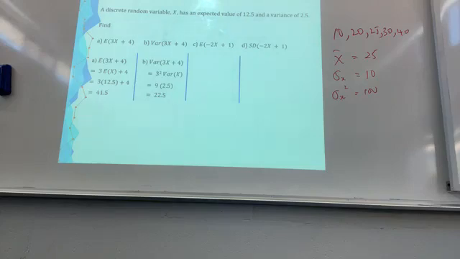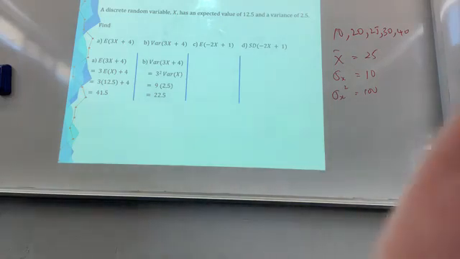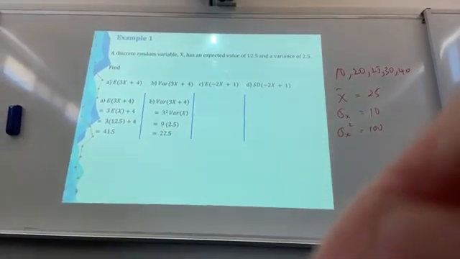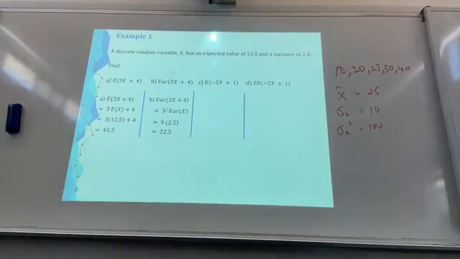D is the standard deviation. Root 10. Awesome. Right, check your answer, please.